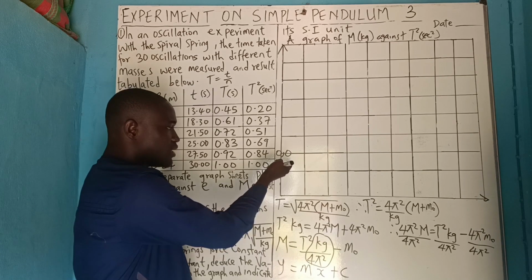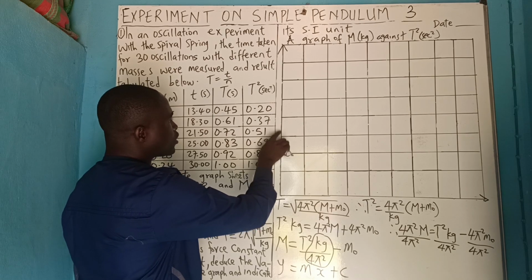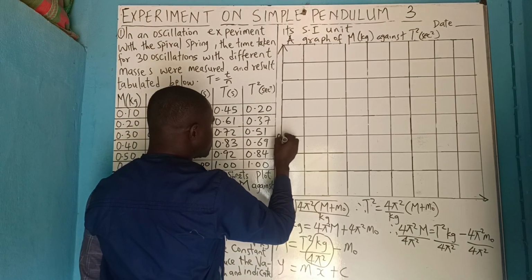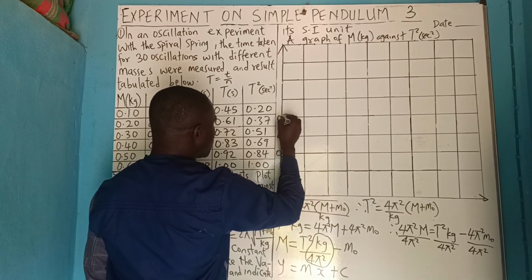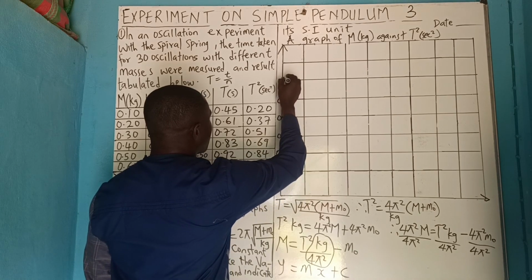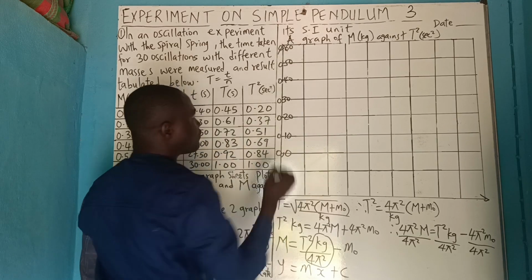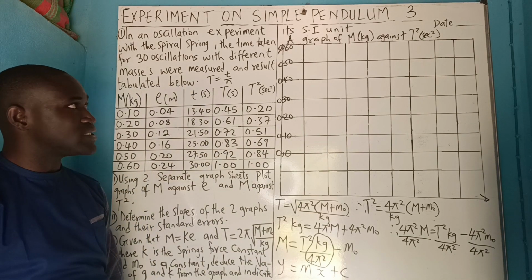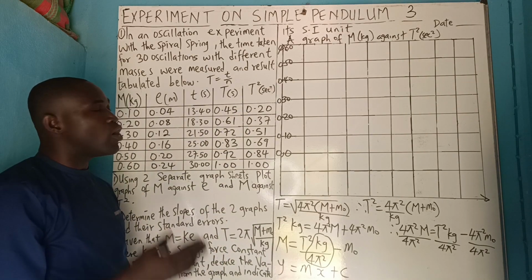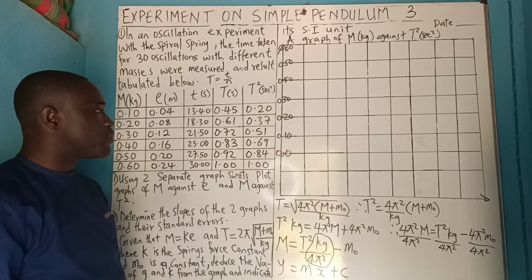That is why I am giving some space. Then I will say 0.1, 0.2, 0.3, 0.4, 0.5, 0.60. I've told you, if you want to know how to get an appropriate scale, watch our video on ways of getting an appropriate scale.